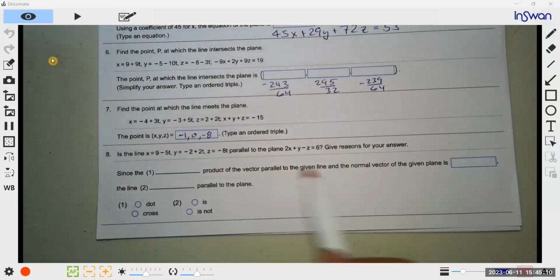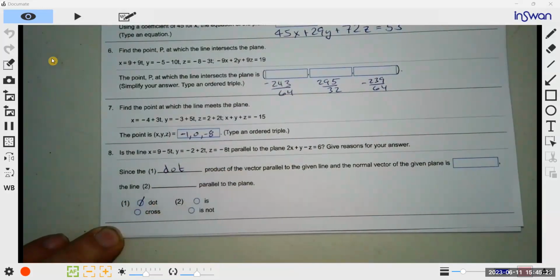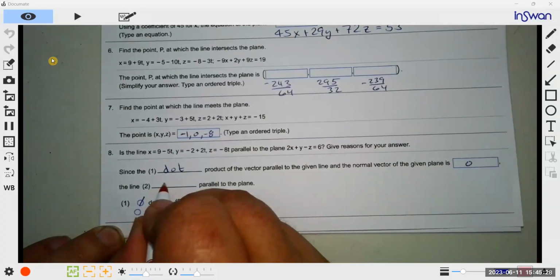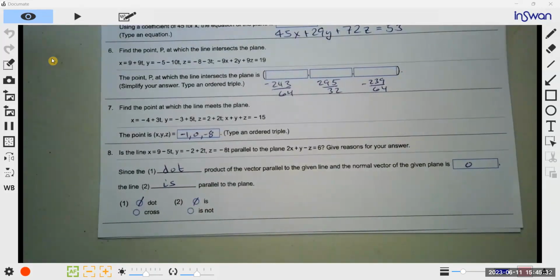If it's parallel, it equals 0, so the line is parallel to the plane. So we're looking at the dot product is 0 and it is parallel. That's all it's asking. I mean, that's by definition.